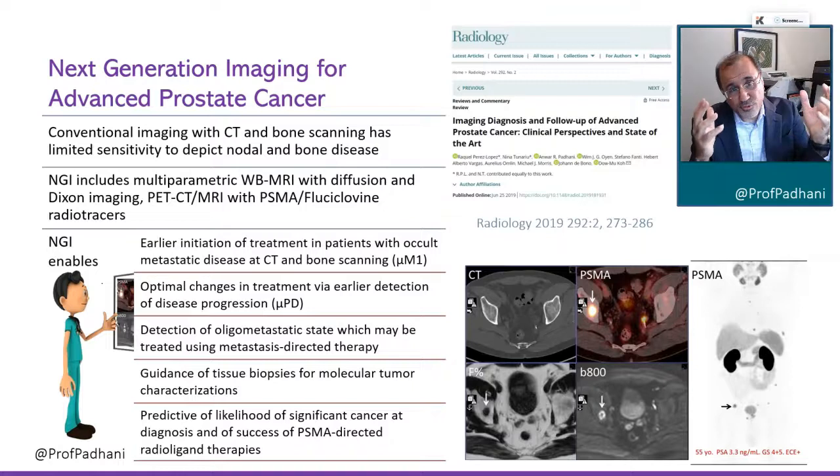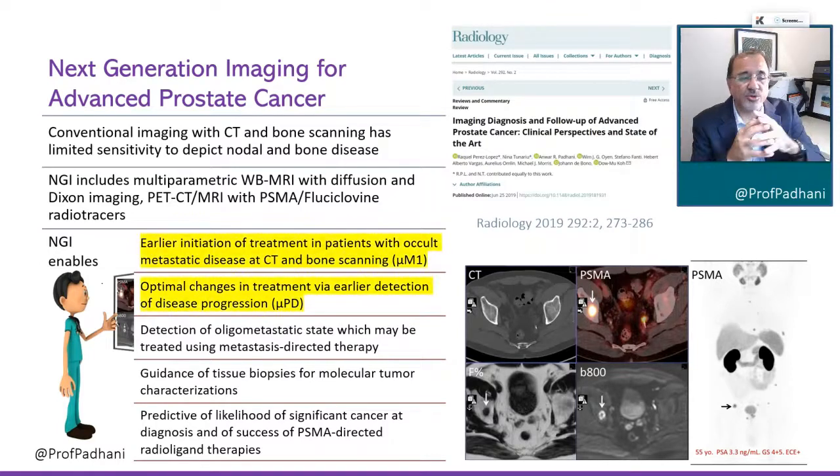So what you find are papers like this, where we say next generation imaging allows the early initiation of treatment in people with occult metastatic disease not seen on bone scans and CT scans, or it enables optimal treatment changes via the earlier detection of disease progression.